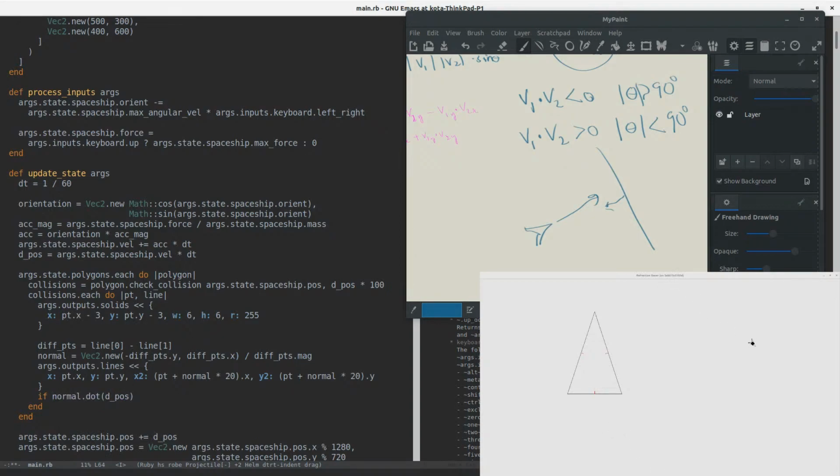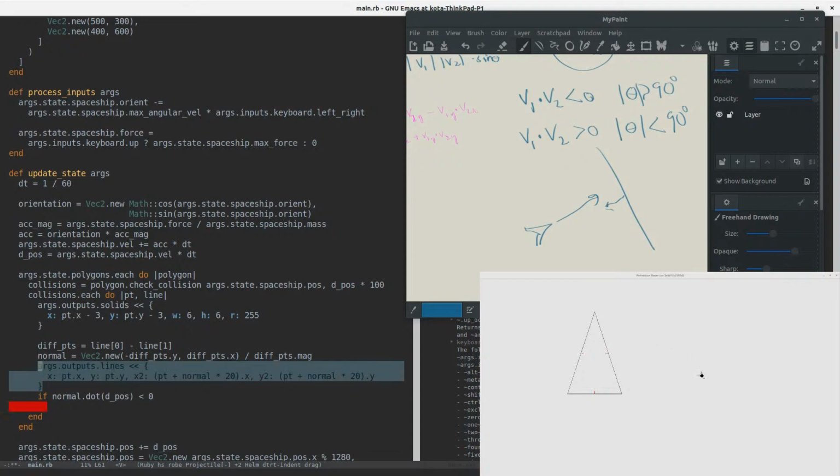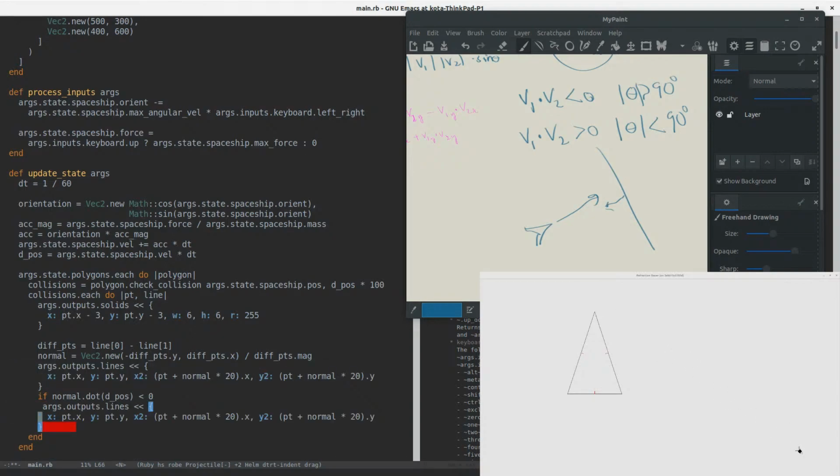And if this is less than 0, then we will instead normal equals, let me see, that is less than 0, then, oh wait, no, I'm sorry, is that what we want?